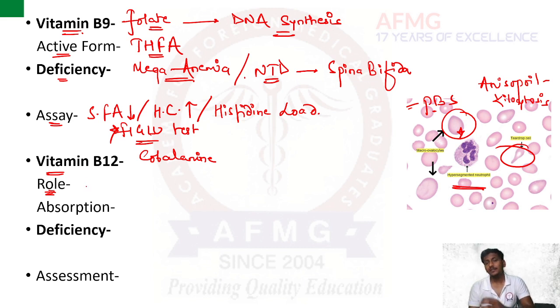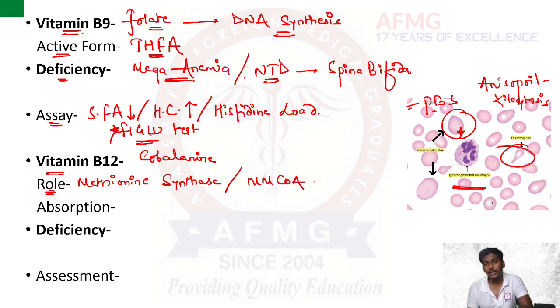First of all, as methyl B12, it acts as a coenzyme in methionine synthase. Along with that, it also acts as a coenzyme in methylmalonyl coenzyme A mutase. So please remember this.